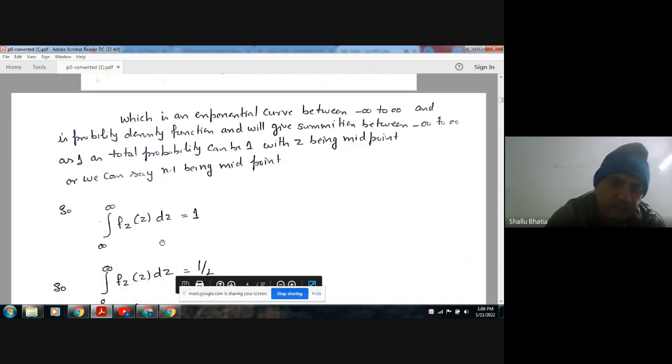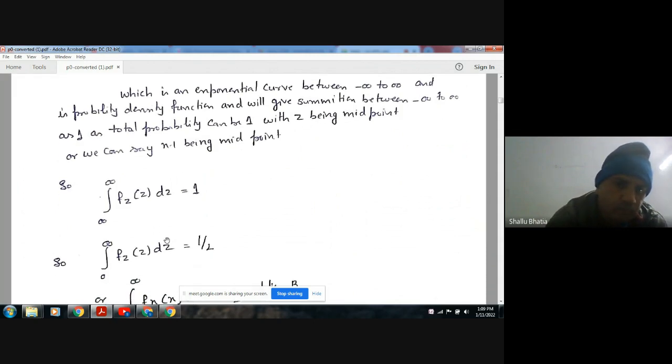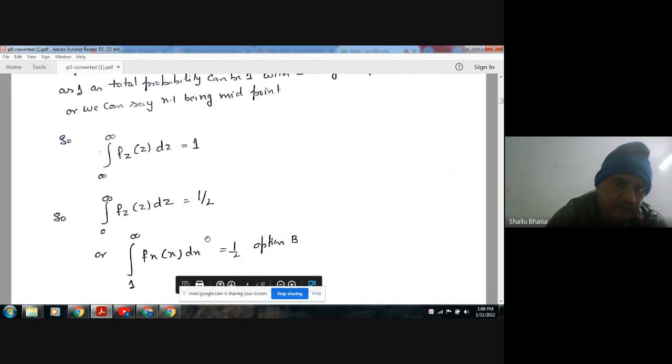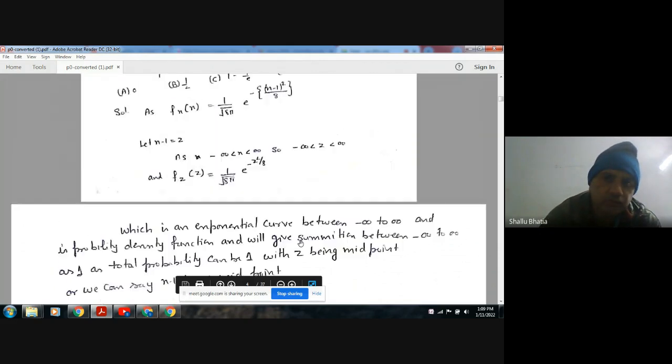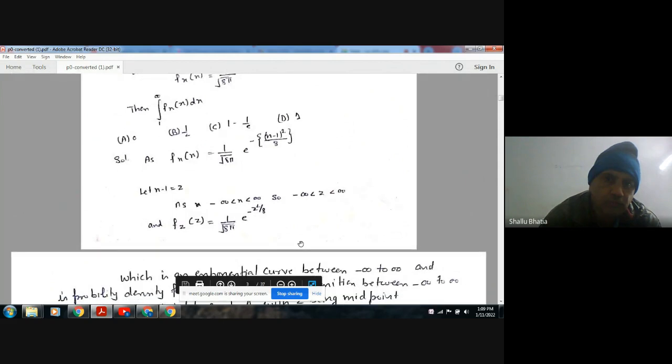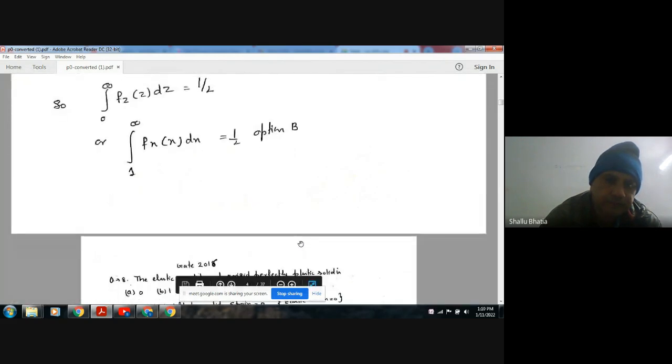It is symmetric about z equal to 0, so the integral from 0 to infinity of f_Z(z) dz should be 1 by 2. When z is 0, x is 1, and when z is infinity, x is infinity. So the answer is B, 1 by 2.